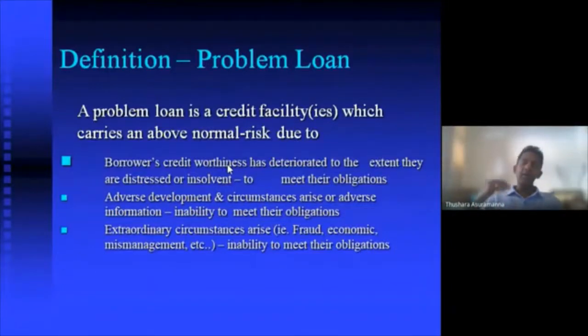We have understood who is the borrower, what is credit, what is security, what is the interconnection between the Cs, and what are the methods available to interconnect these Cs for individual customers and corporate customers. And finally, we discussed what is risk and how we are going to minimize or mitigate risk when granting credit. So that's what we learned, very summarily.